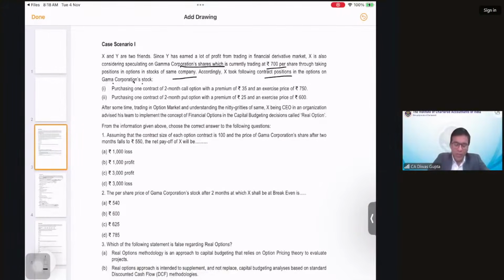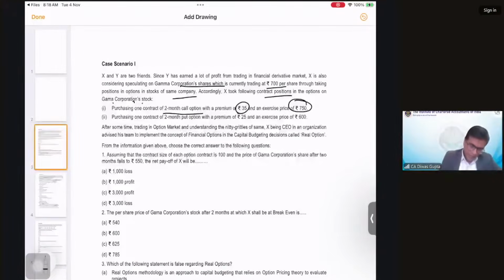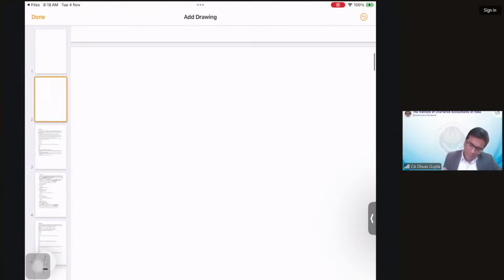Now, what X will do, they will purchase. X has purchased one contract of 2 months call option with a premium of 35 and exercise price of 750, students. Okay, so let's write it. Premium.